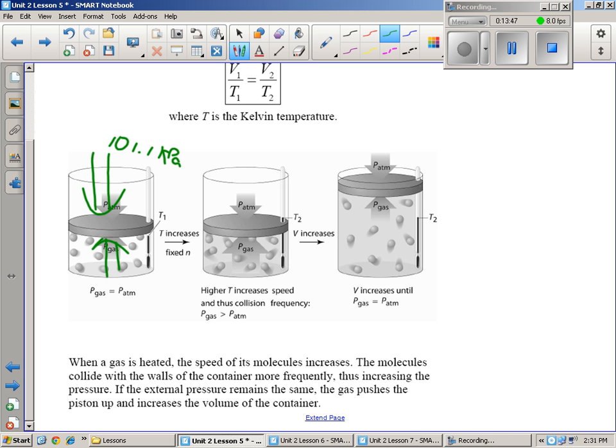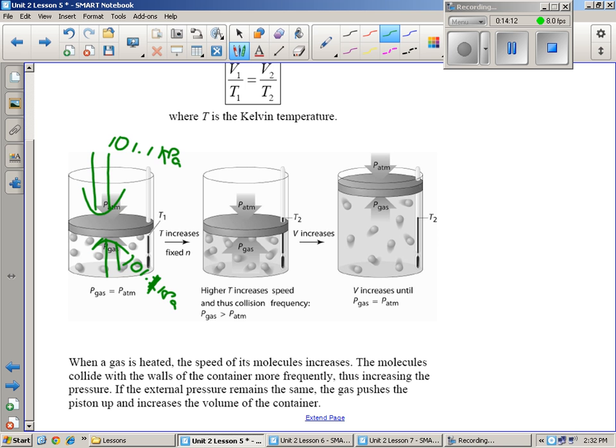Okay? Now, if we had a jar sitting right here with a plunger that moved up and down freely, I'll tell you right now that inside of here would be 101.2 kPa. Same as outside. Why? If it wasn't, what would happen? If those two pressures aren't equal, what's going to happen to the plunger?